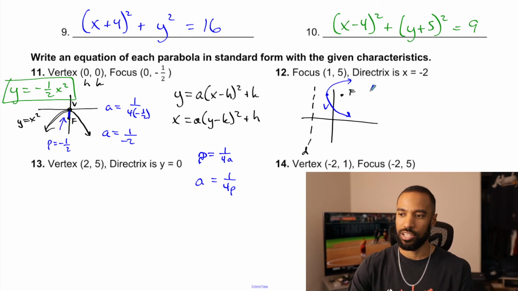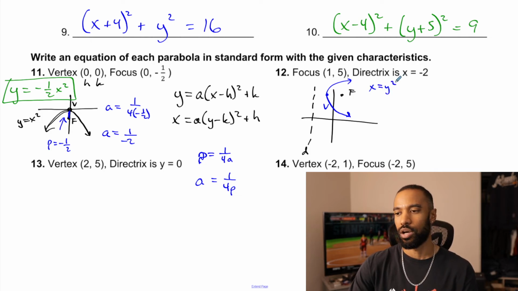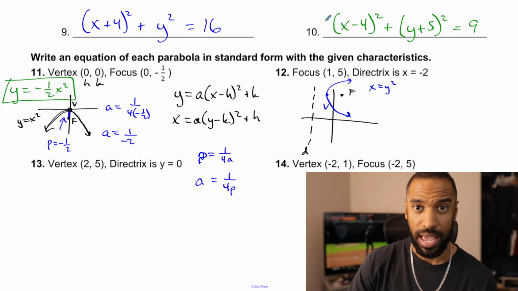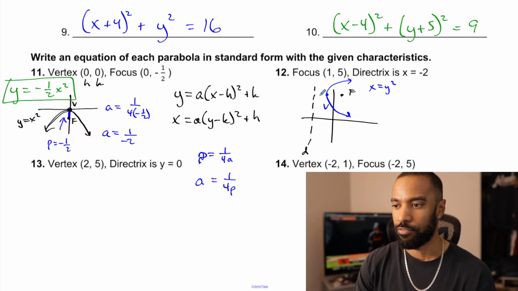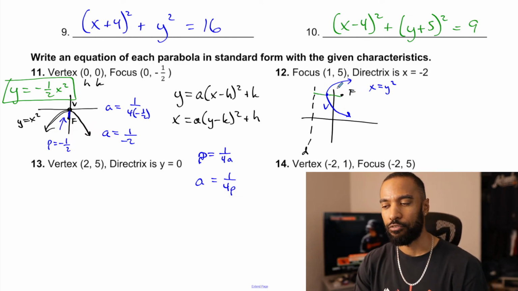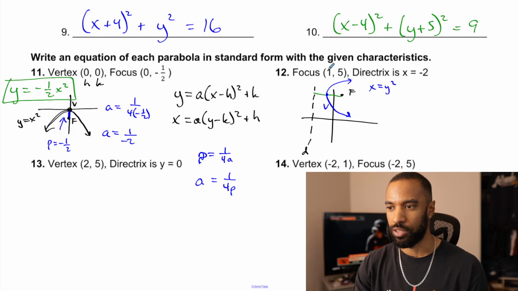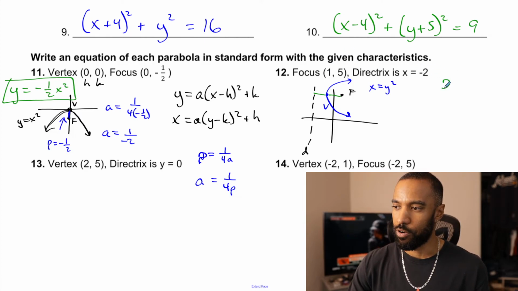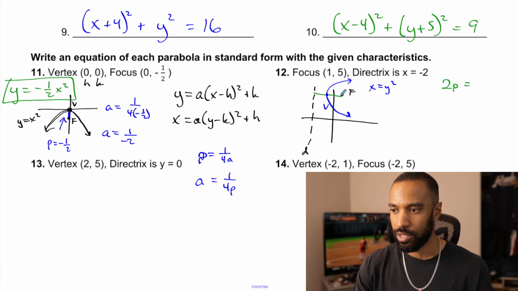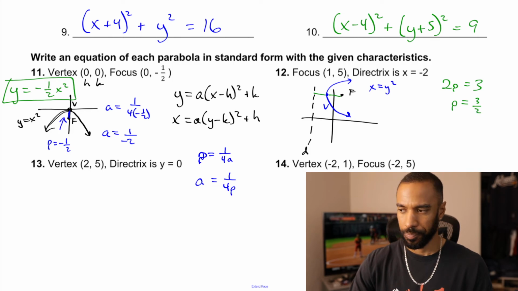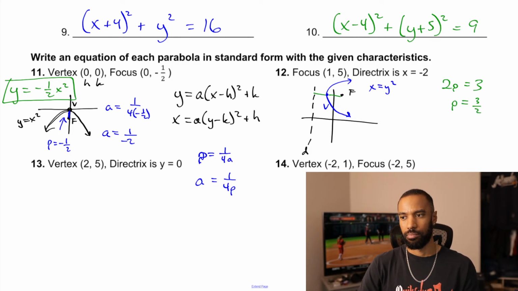So we know this is an x = y² equation. The vertex should be halfway between the focus and directrix values. The distance between your focus and your directrix is 3, from 1 down to -2, so your p-value is 3/2, 1.5.